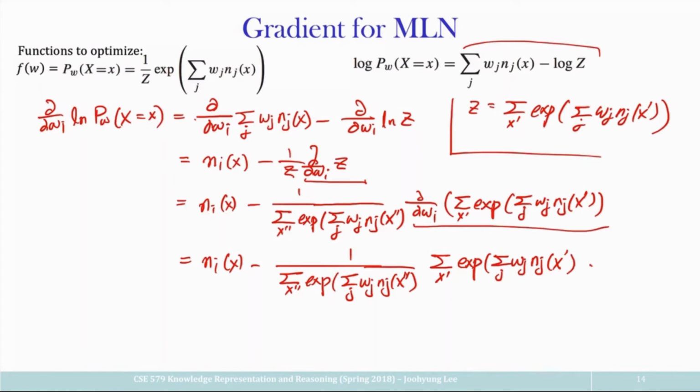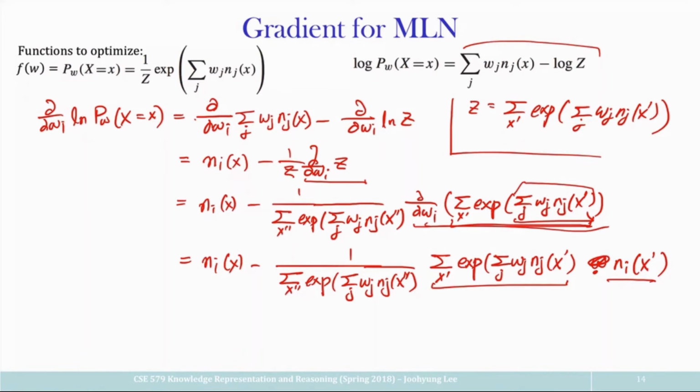But then we have to multiply with the derivative of this inside. That is actually ni(x prime), same as what we did before. Okay, so we have the derivative of the whole, which is just this one, which was right here, and then the derivative of this one multiplied, which will give ni(x prime).